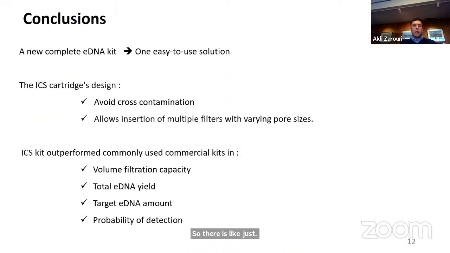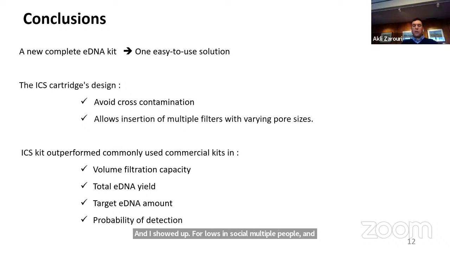In conclusion, I introduced the complete eDNA kit that combines filtration, extraction, and purification in one easy-to-use solution. I showed that the ICS cartridge allows insertion of multiple filters with varying pore sizes, and these filters can be lysed in one step.